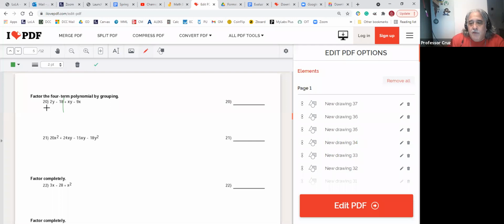So we look for the greatest common factor over this side, and it looks like it's just 2. And then it's y minus 9. And you bring that sign down. And then you're looking for greatest common factor over here. It looks like it's x.